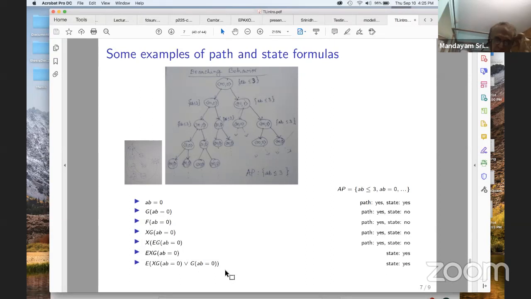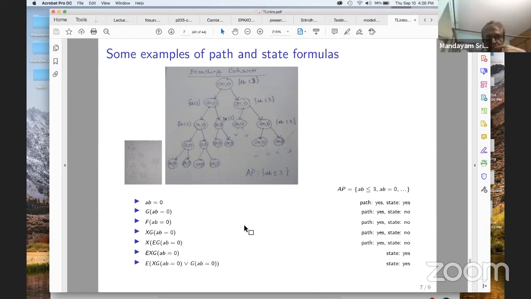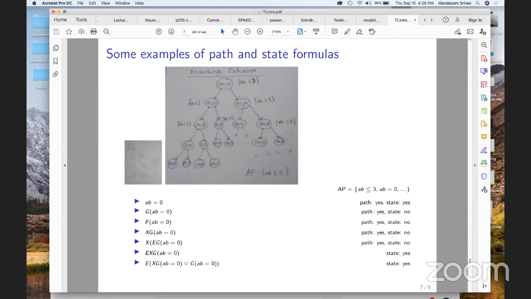Is there a state in the computational tree for which this is true? Yes. Which one? The right child of the root. Correct.